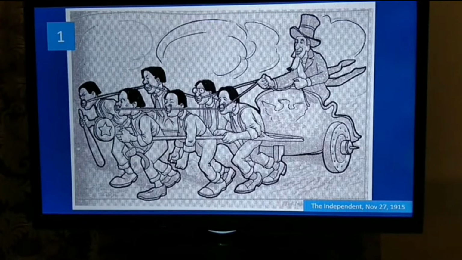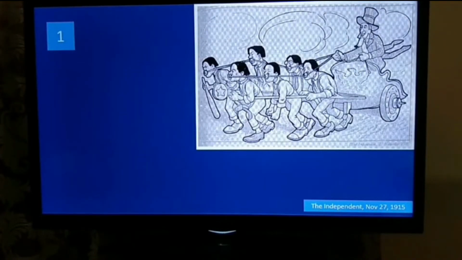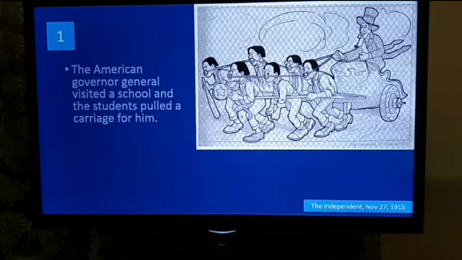This is like a satire, a criticism, because it's something real that happened, that an American governor general visited a school in Intramuros. I won't mention the name of the school, but it is in Intramuros. It's still existing today.